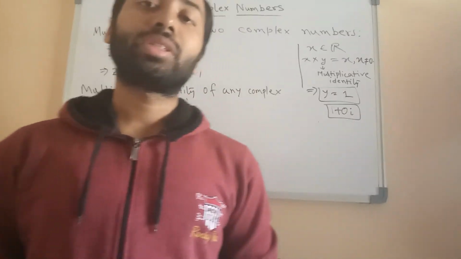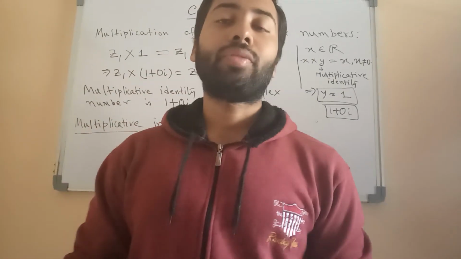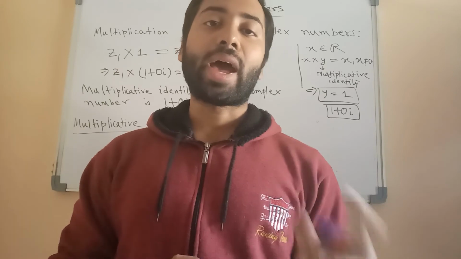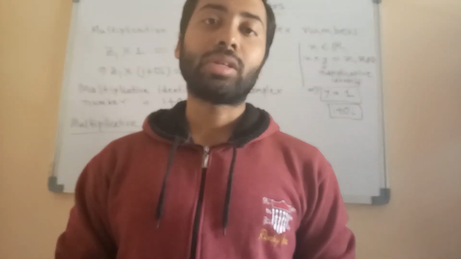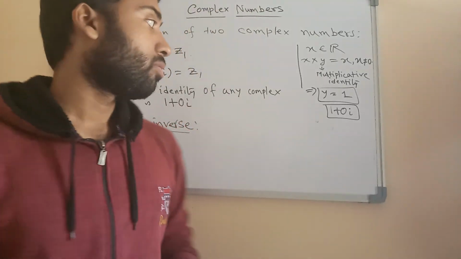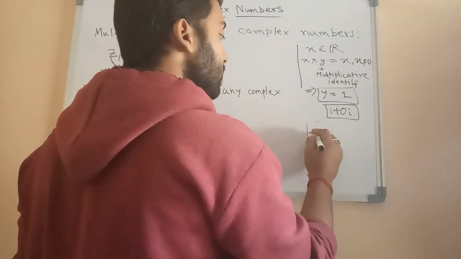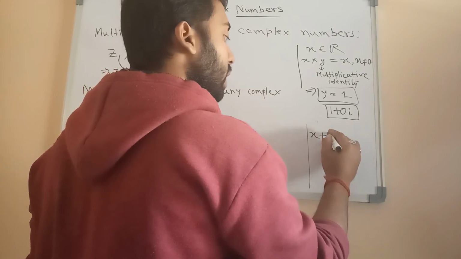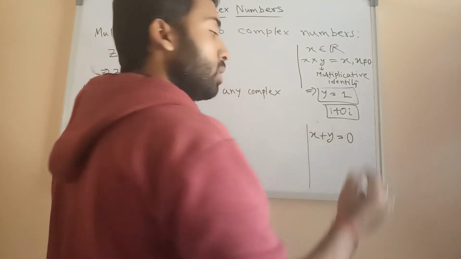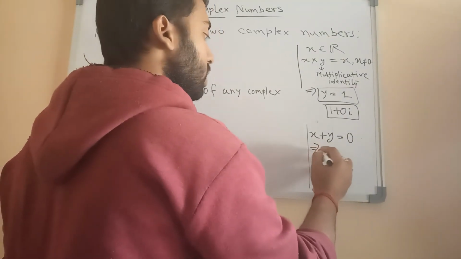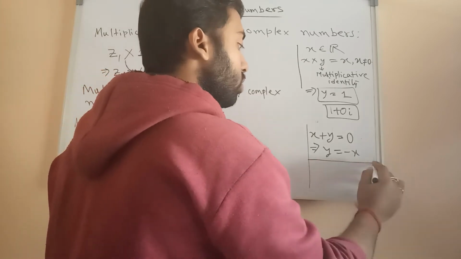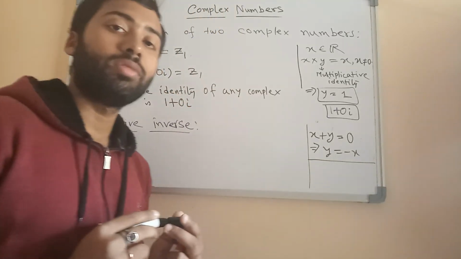The definition was, given a number x, to find the additive inverse of x, add a number y to x to get the additive identity. That means if I have a number x, I have to add another number y to get the additive identity, that is 0. So it's easy to say that y will be minus x. The same definition holds in the case of multiplicative inverse also.